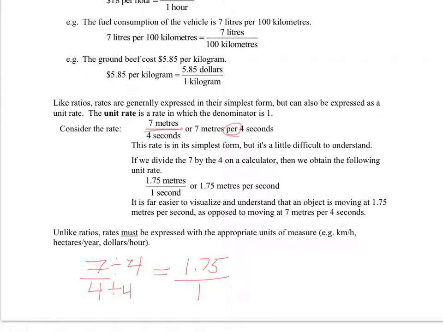And if you remember, meters were on top, seconds were on the bottom, so 1.75 meters per 1 second, or 1.75 meters per second. Okay, so all you have to do to get it in simplest form is take the bottom unit and divide by whatever the bottom unit is. That will automatically change the bottom unit to 1, and then it'll tell you how many of the top unit there are in one of those bottom units.